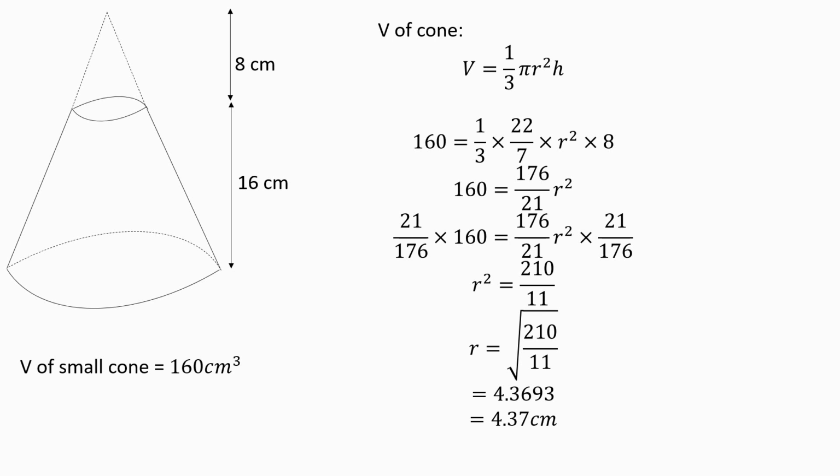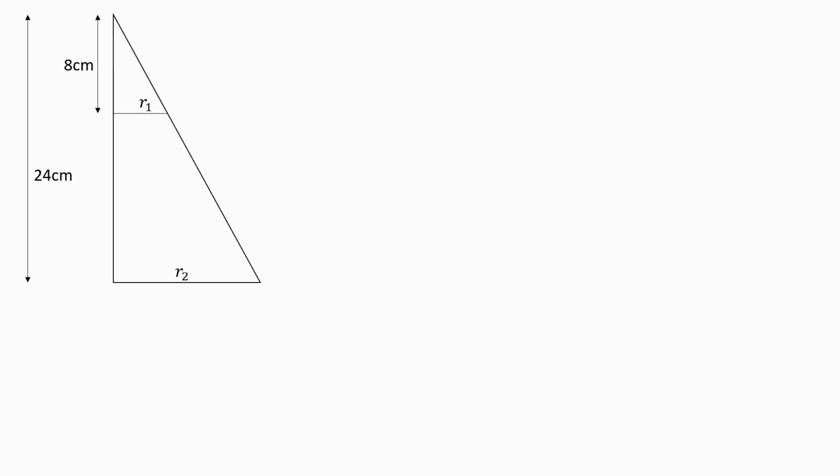Then now, since we have obtained the radius of the small cone and we need to find the volume of the frustum, the next step is to find the radius of the bigger cone. In a graphical representation of the cross-sectional figure, the height of the big cone is 24 centimeters and the height of the small cone is 8 centimeters. We have obtained radius 1, which is 4.37. So we need to obtain radius 2.